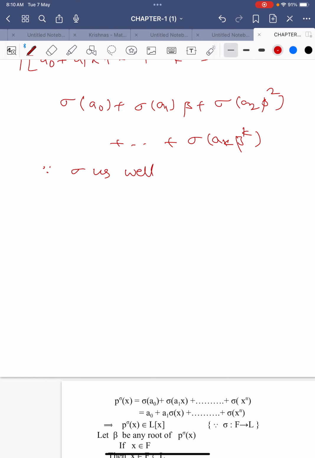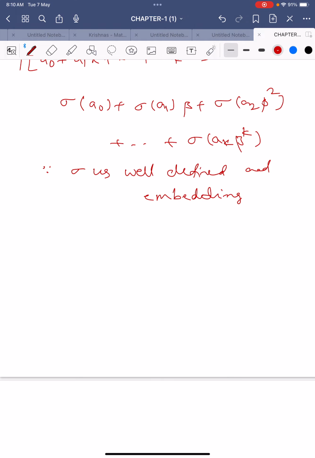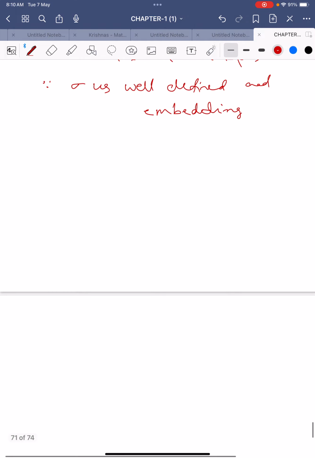Since sigma is well defined and an embedding, obviously eta is also a well defined embedding of F(alpha) into capital L.